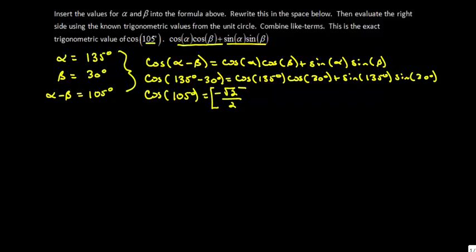So we're going to take that value and multiply it by the cosine at just 30 degrees, which is the square root of 3 over 2. We'll add to that the sine at 135, which is positive square root of 2 over 2, and the sine at 30 degrees, which is just 1/2.